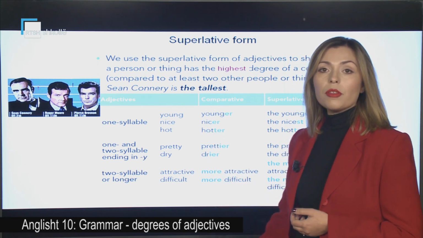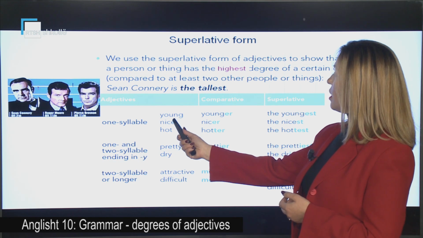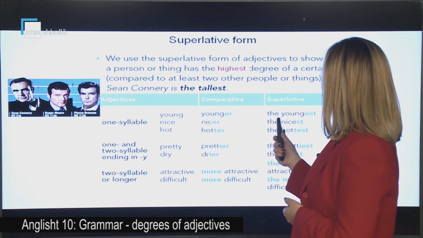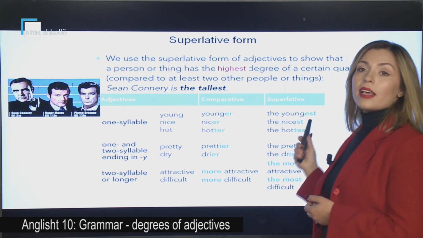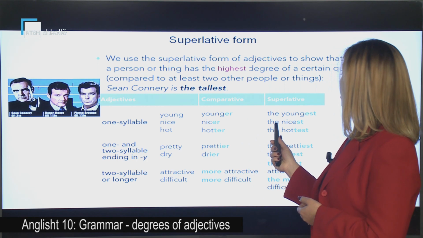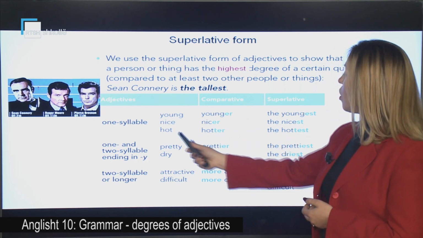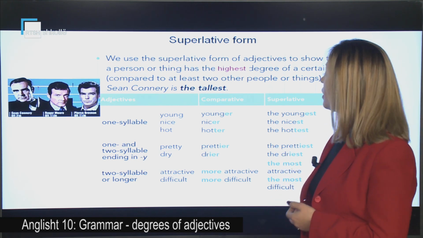This is how the superlative form is formed. So, we have young, who is the youngest, so we put EST, the youngest. Nice, the nicest. Hot, the hottest. Be careful with a double T.